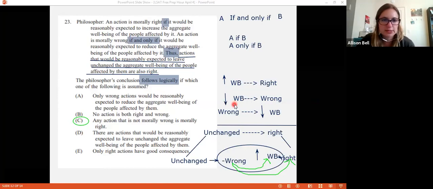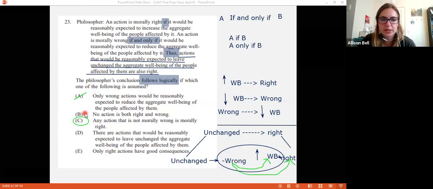My premise said that if it's a wrong action, it reduces well-being, and if it's reducing well-being, it's wrong. So it sounds like answer choice A is kind of a premise booster trying to restate some information that we already got. We always rule out premise boosters on the LSAT. We don't need to prove our premises over again. We want to find something new that links them to the conclusion.